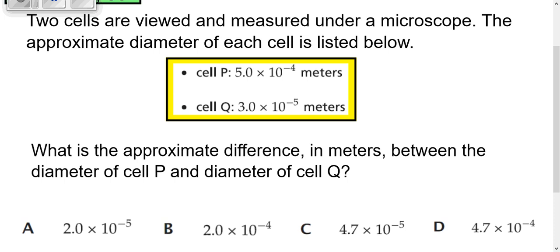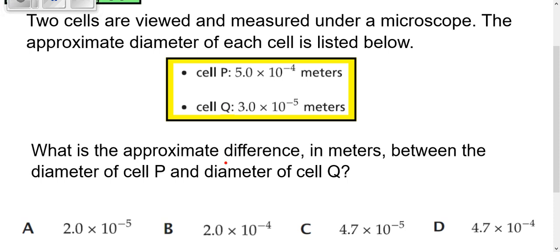So take a look at this. This was a state exam question in 2018. It was on book 2, question number 39, if anybody cares. Two cells are viewed and measured under a microscope. The approximate diameter for each of the cells listed, they give you the cells in scientific notation. What is the approximate difference?